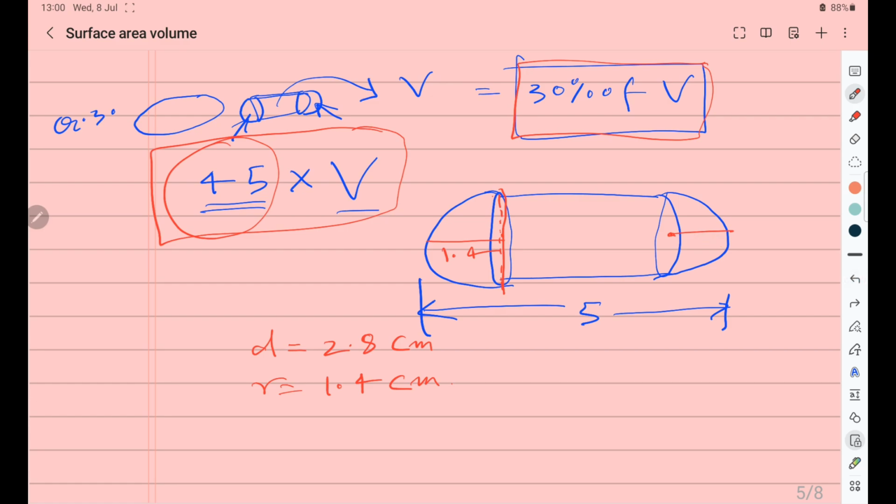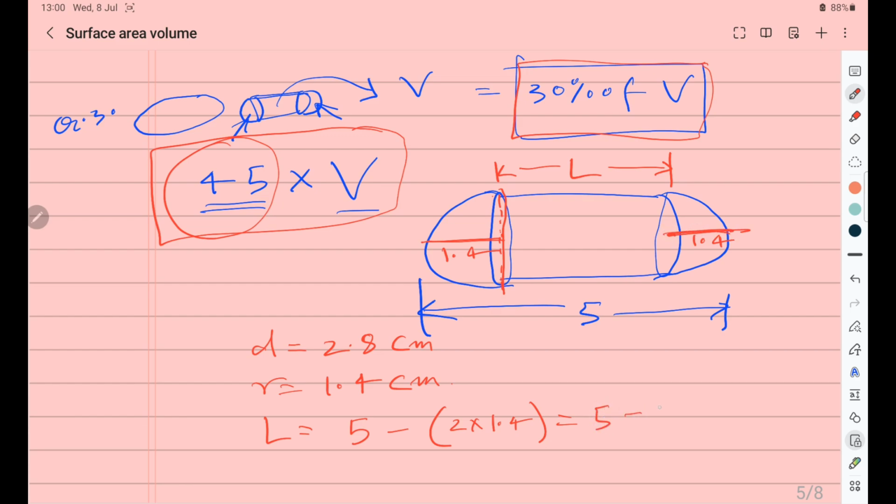Let us denote the length of the cylinder by L. The length of the cylinder will be the total length 5 minus 2 times 1.4. Why? One time 1.4 and another time 1.4.